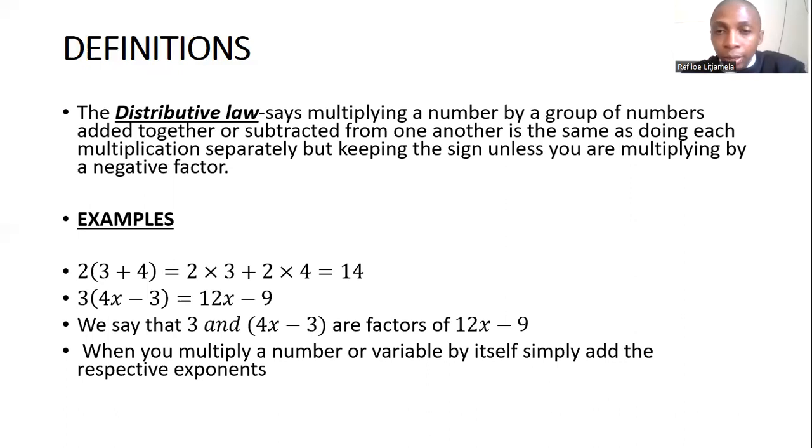When you multiply a number or a variable by itself, simply add the respective exponents. So when you multiply a number or a variable by itself, remember to always add the exponent. Okay, 3 to the exponent of x times 3 to the exponent of x. Be careful. Obviously, 3 to the exponent of x times 3 to the exponent of x will simply give you 9 to the exponent of x, but it won't work out if you have 3 to the exponent of x times 3 to the exponent of 2x.